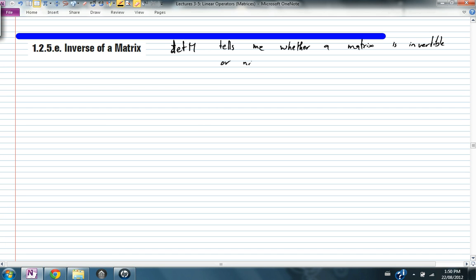But once I know that a matrix is invertible, let's see what it means for a matrix to be invertible.